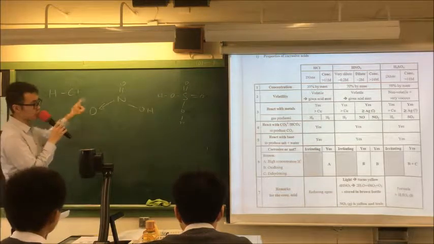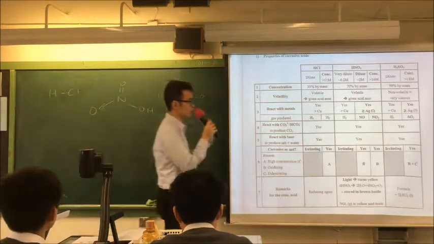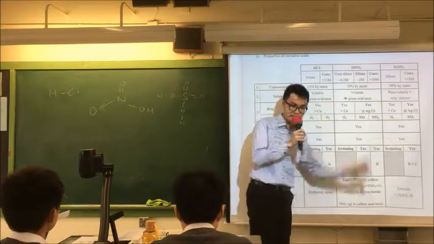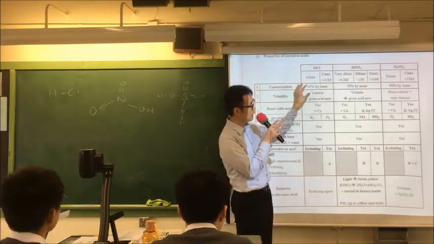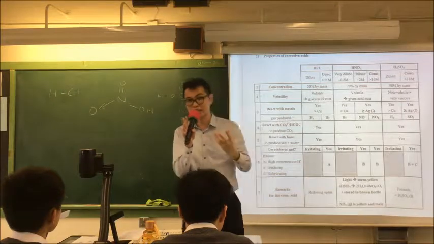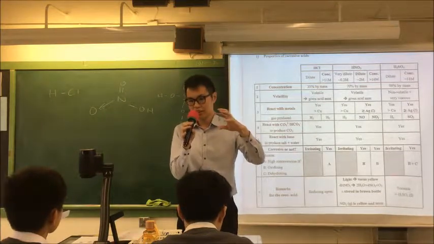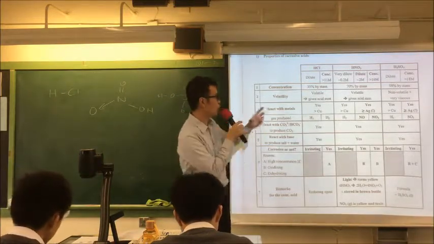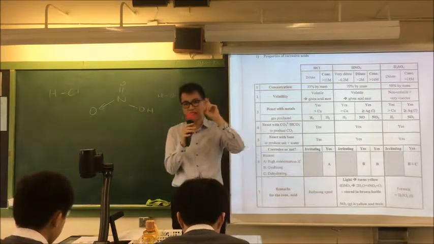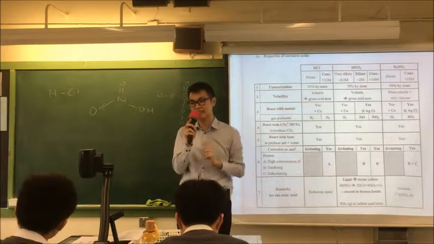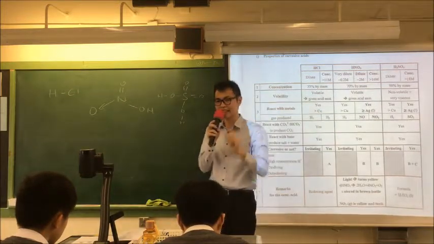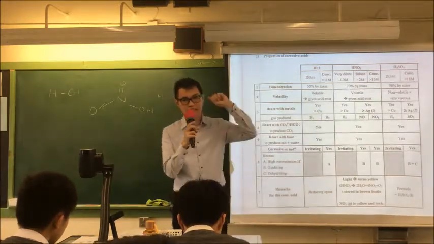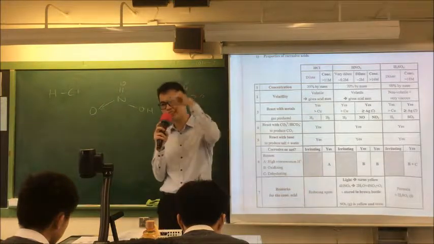These two molecules are volatile. This is the reason why these two acids cannot be 100%: normally HCl exists as a gas, and HNO3 can also exist as a gas. So they exist in solution only when dissolved in water.